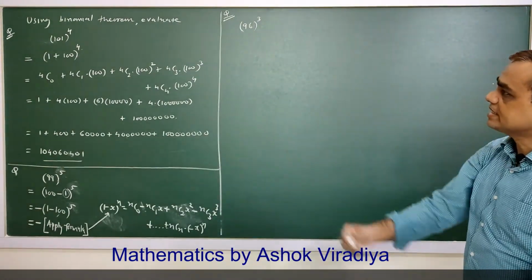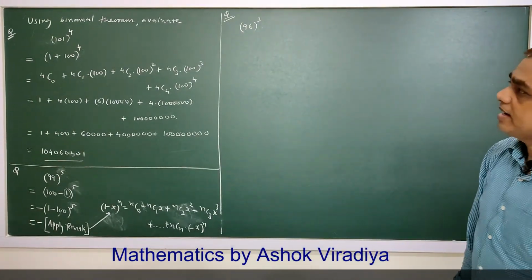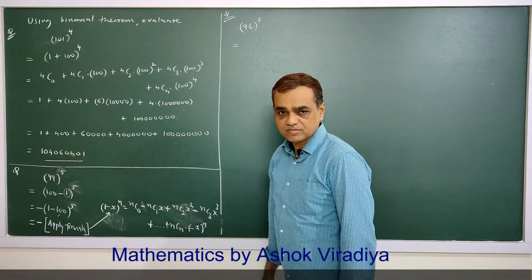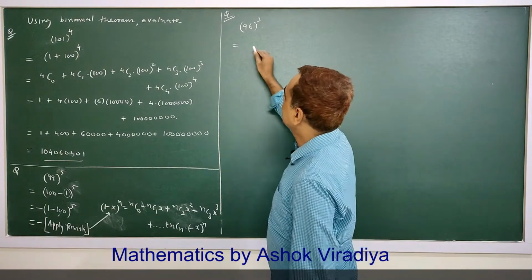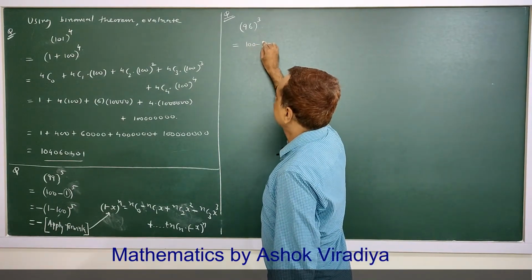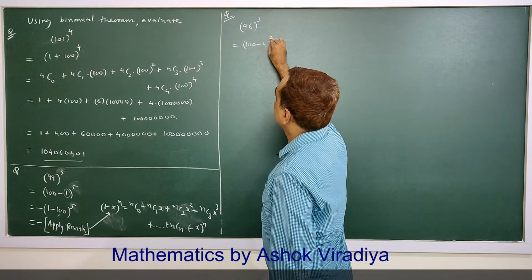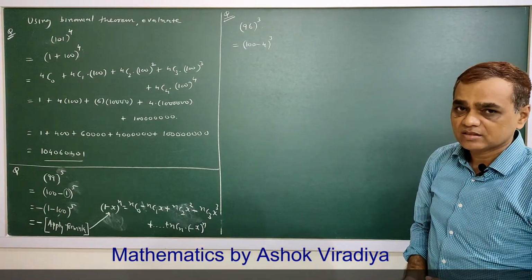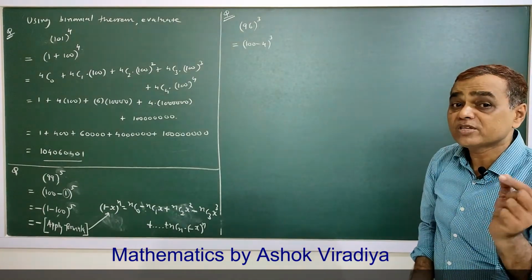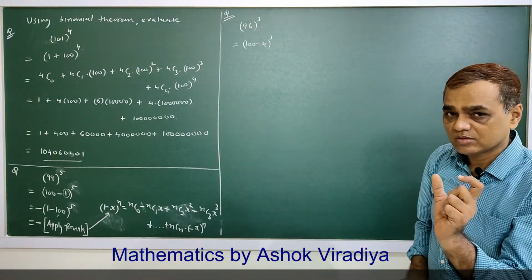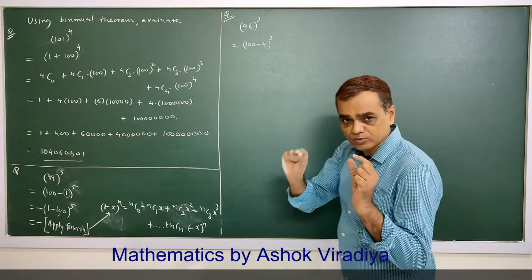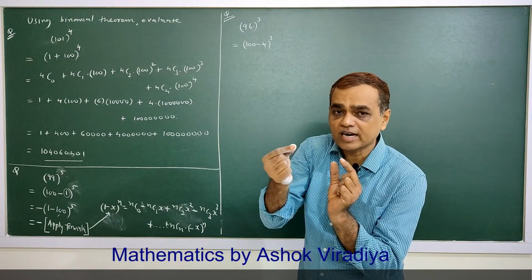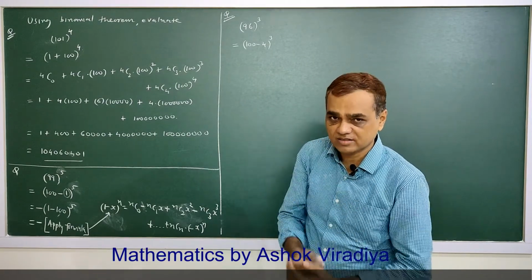Now see, 96 whole cube. Here this number is nearest to 100, so this can be taken as (100 minus 4) whole cube, that is 96. You should not take 1 plus 95. If you take 1 plus 95, then calculating 95 square, 95 cube, 95 raised to 4 becomes difficult.